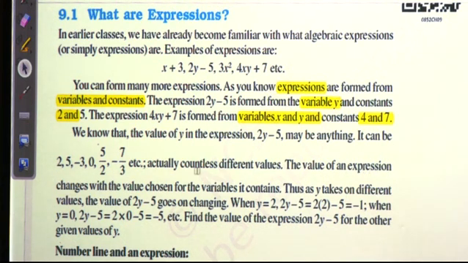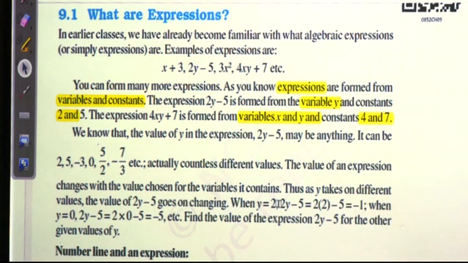The value of an expression changes with the value chosen for the variable it contains. Thus, as y takes on different values, the value of 2y minus 5 goes on changing.